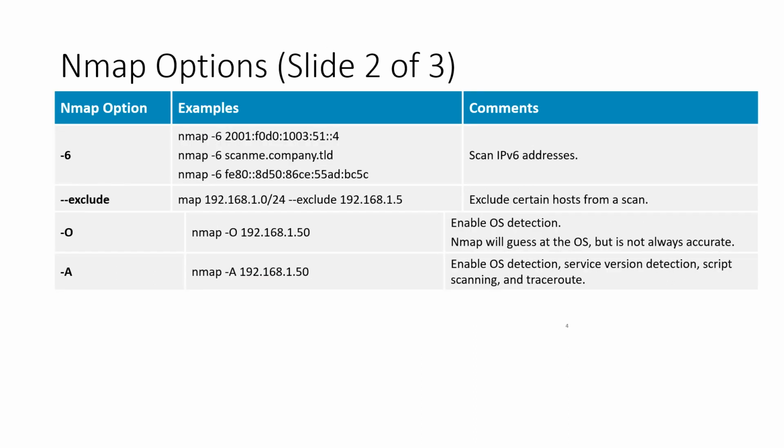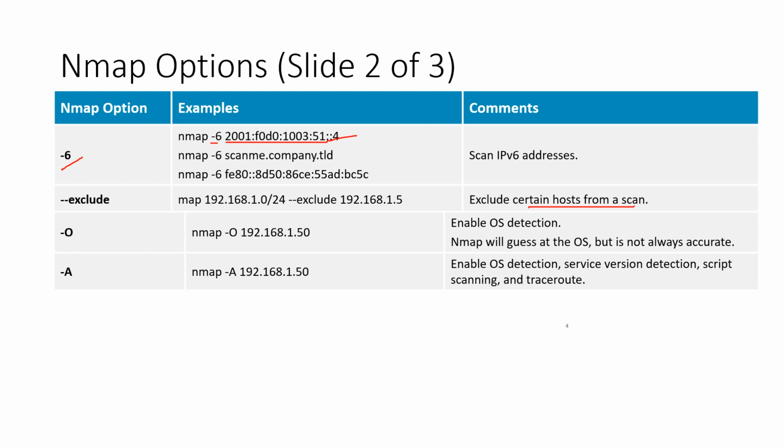And also, Nmap can scan IPv6. To add IPv6, the option is -6, and then the IPv6 address. If you want to exclude certain hosts in the scanning, you may add this.